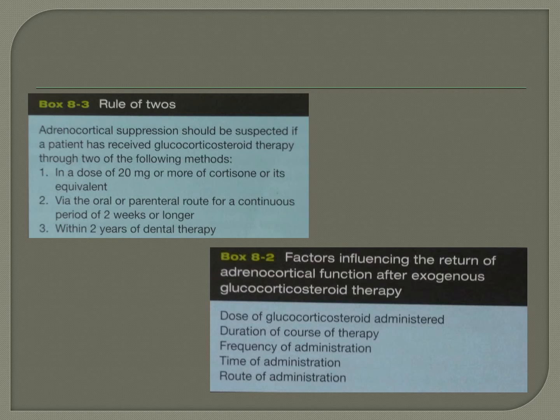So this type of patient is at risk of acute adrenal insufficiency. The factors are the return of adrenocortical function after cessation of glucocorticoid therapy. That means the dosage of glucocorticoid administered, the duration of the course of therapy, the frequency of administration of the drug, and the time and route of administration.